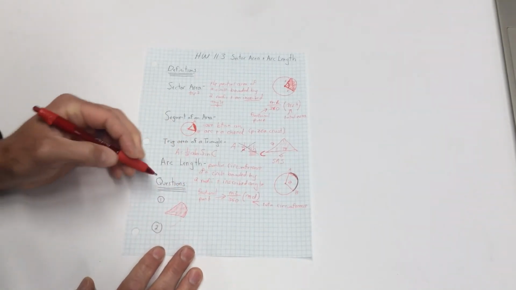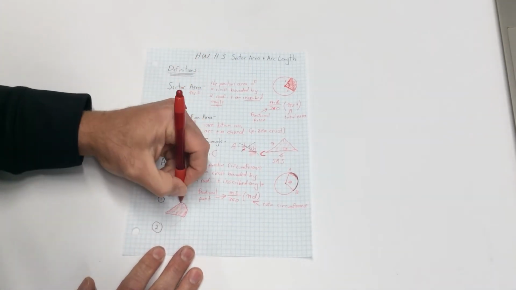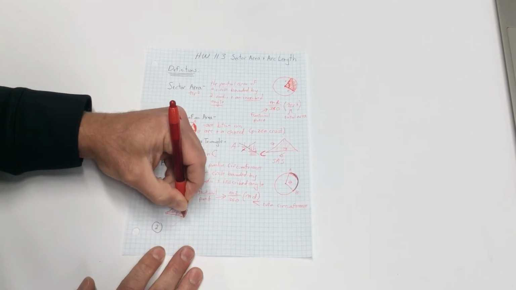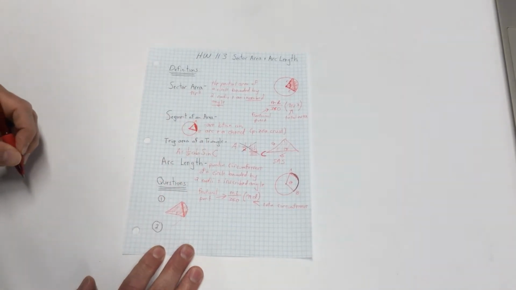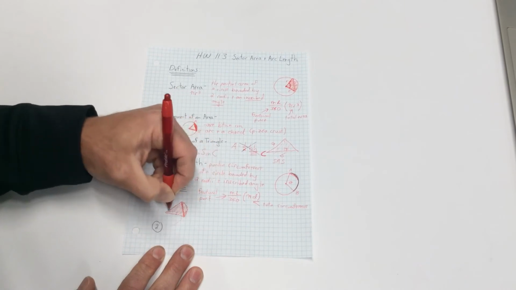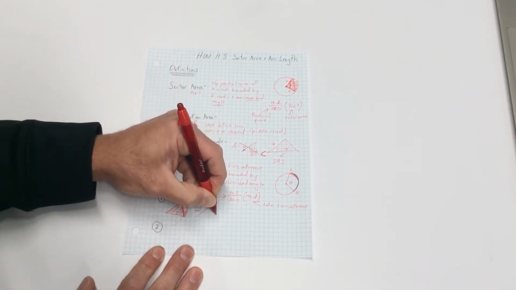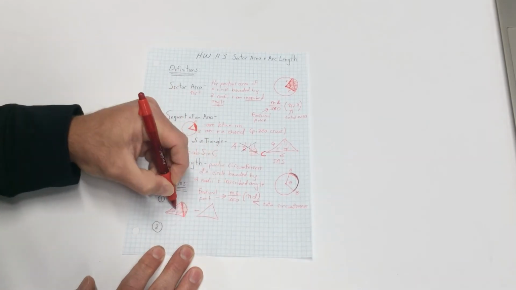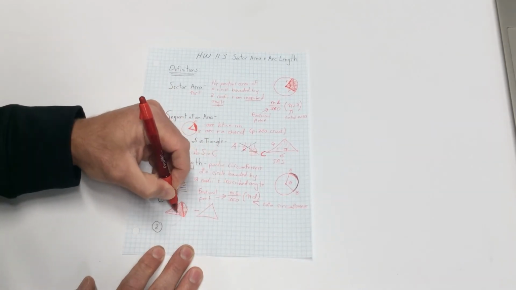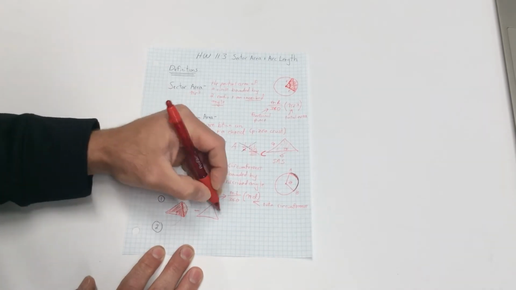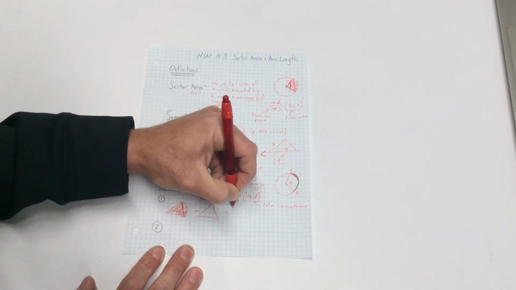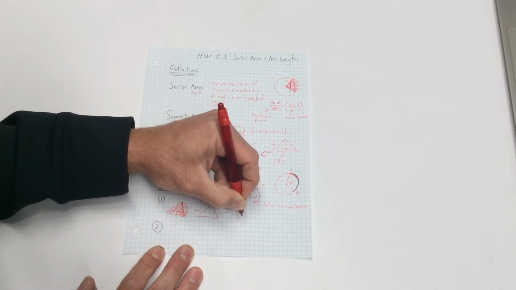In order to find just the segment area, you need to subtract this triangle from the total sector area. You can see a triangle is formed right here. If I subtract this from the entire thing, what I'm left with is the pizza crust.